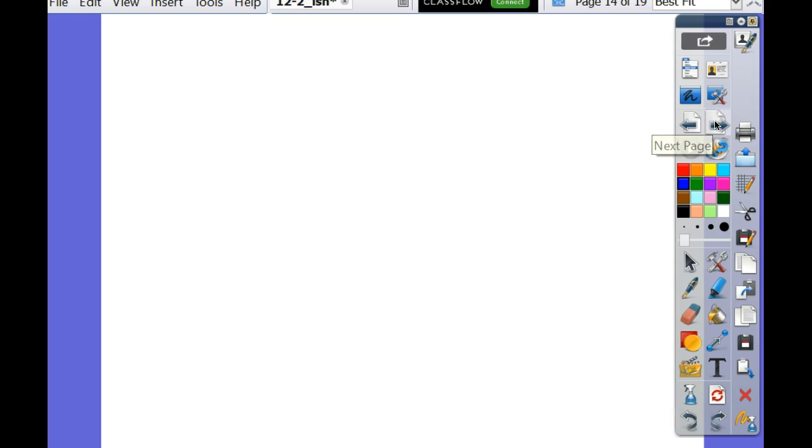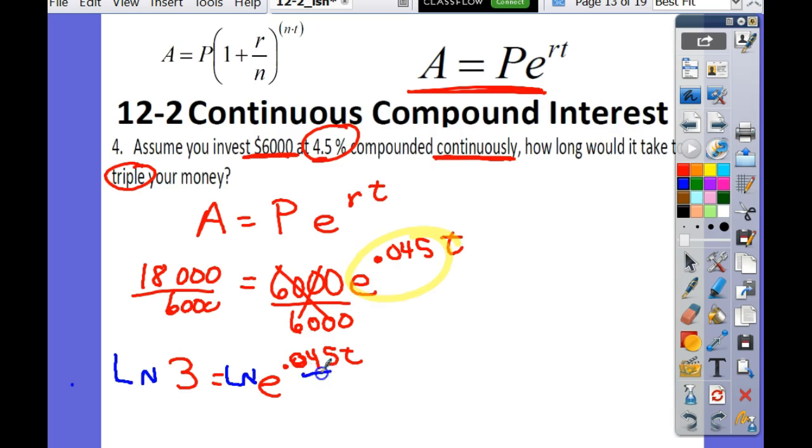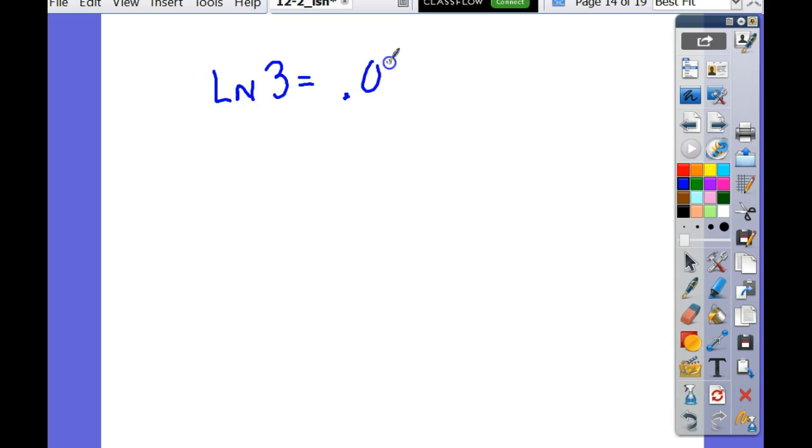The natural log still has the power rule, so this comes out in front. This is equal to 1.